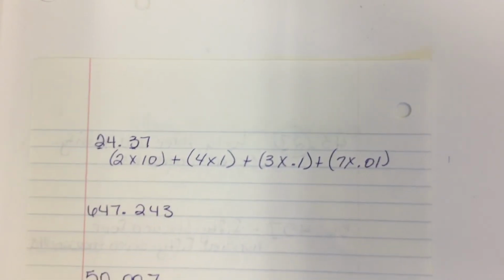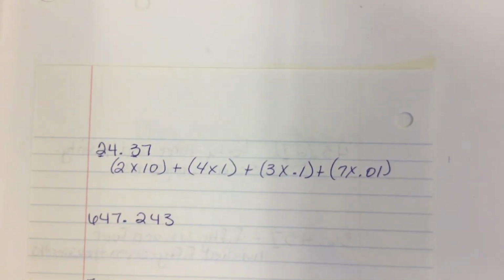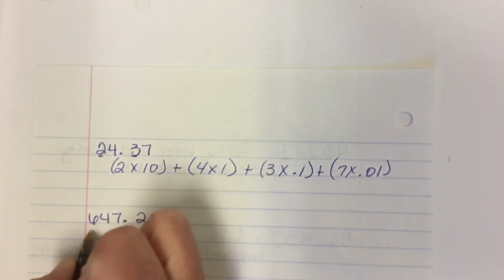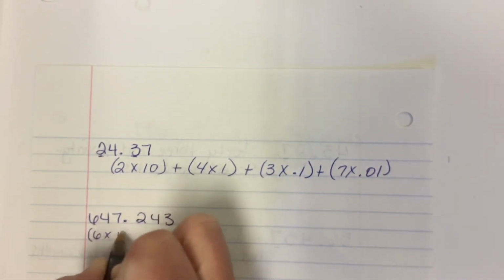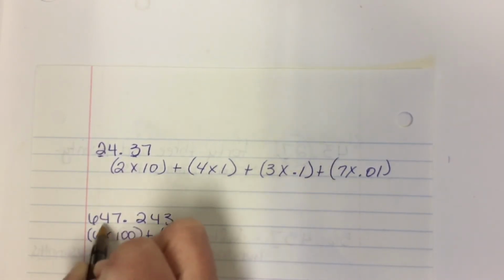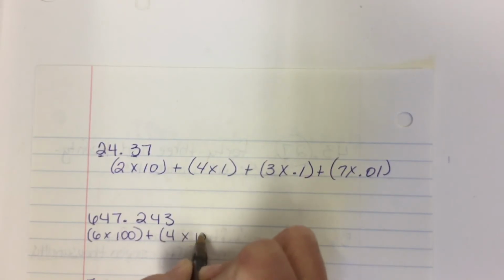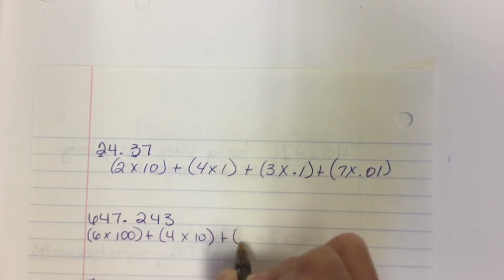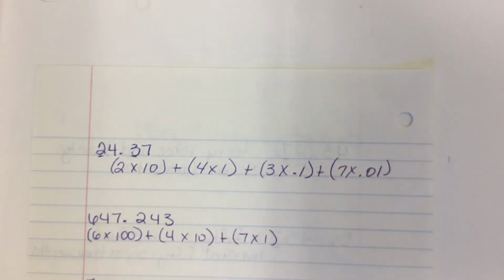All right, let's do another one. 647 and 243 thousandths. The 6 is in the hundreds place, so I'm going to say 6 times 100, plus the 4, it's in the tens place, so 4 times 10, plus 7 times 1. All right, and then we're going to add the decimal numbers. So how would you finish 243 thousandths? Where would you put your numbers?